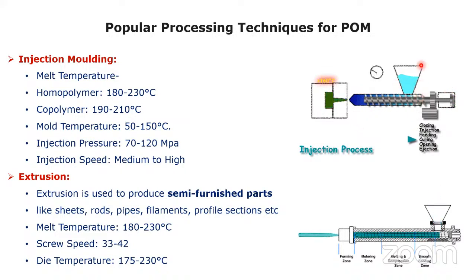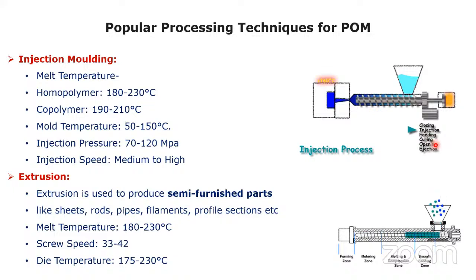In the image, we feed the material over the feeding zone, and the material melts. The screw pushes the melted material into the cavity; that is the injection. After filling, the part is cured by cooling. Then the mold, or cavity, opens and ejection takes place. This is the sequence for injection molding.